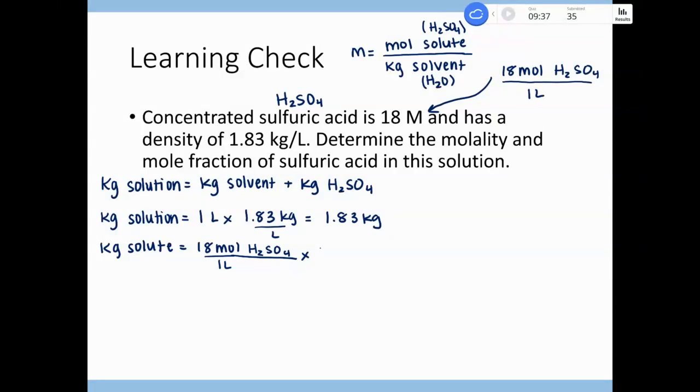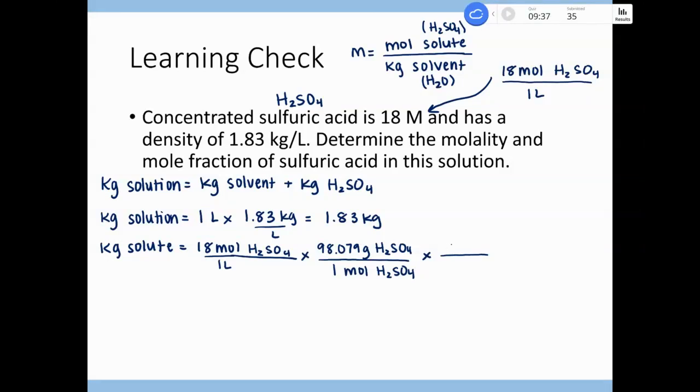We can convert moles to grams using its molar mass, 98.079. And then, this provides the amount of H2SO4 in grams.